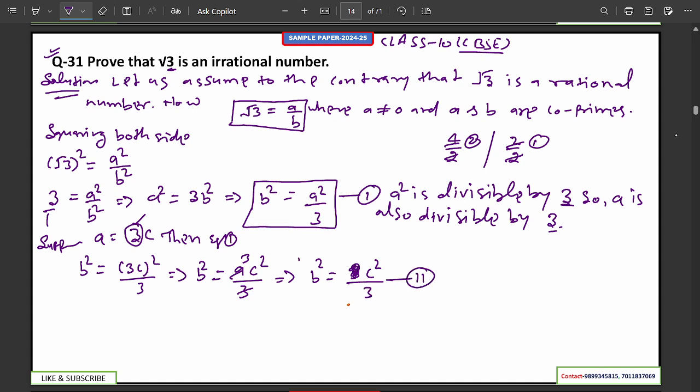This is relation 2. So b square is equal to 3c square, and we put it like that: c square is equal to b square over 3.